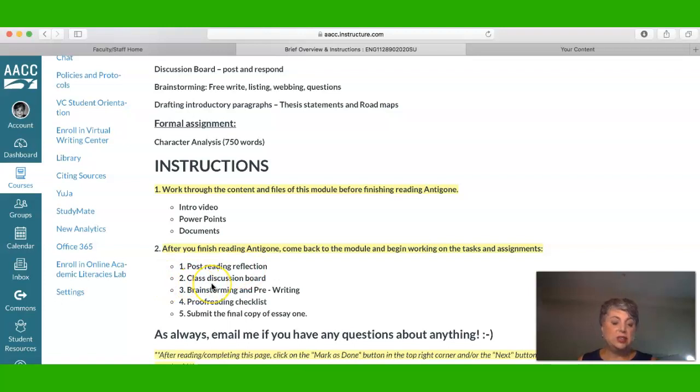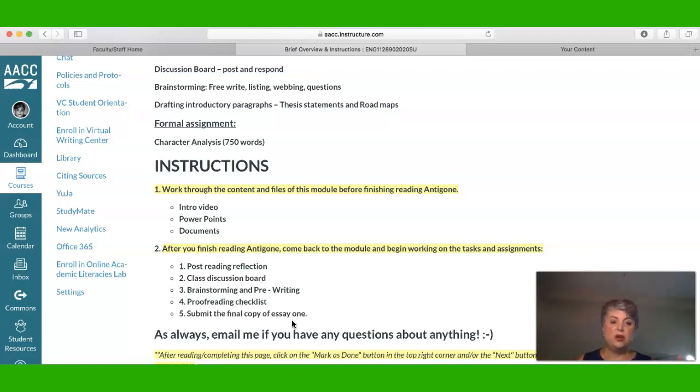Then a class discussion board, then a brainstorming and pre-writing task where you're actually working on your first essay, then a proofreading checklist before you submit the final copy of your essay, and then the last and culminating task is submitting the final copy of Essay 1. So again, these are all tasks that you are to perform and to complete after you've finished reading Antigone, right?